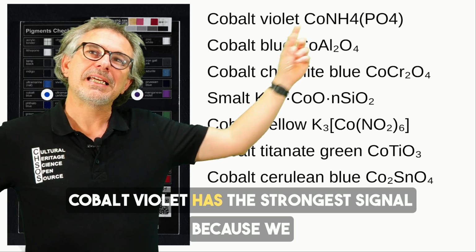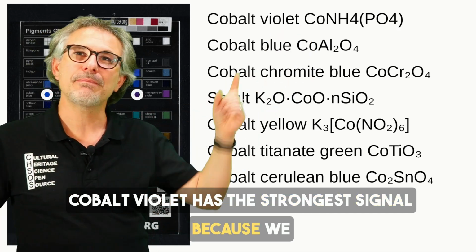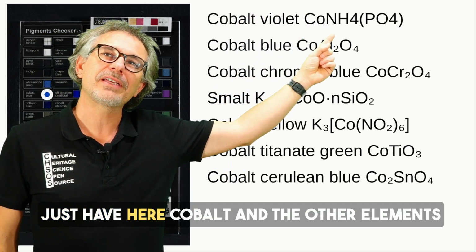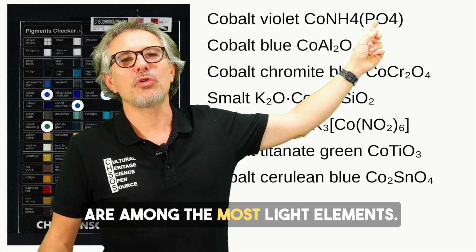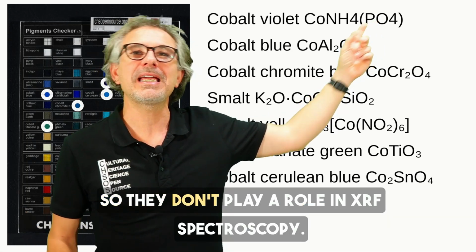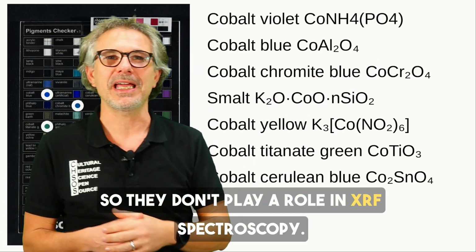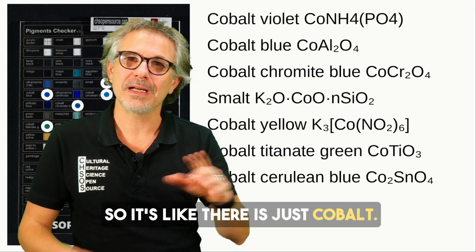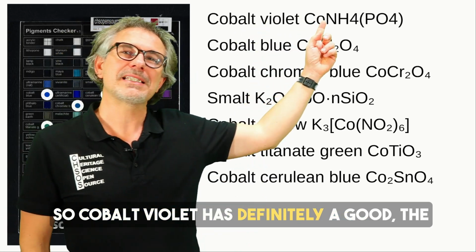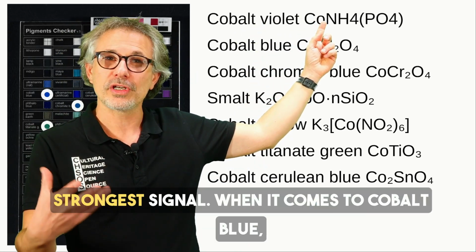Cobalt violet has the strongest signal because we just have cobalt here, and the other elements are among the most light elements, so they don't play a role in XRF spectroscopy. So it's like there is just cobalt. So cobalt violet has definitely the strongest signal.